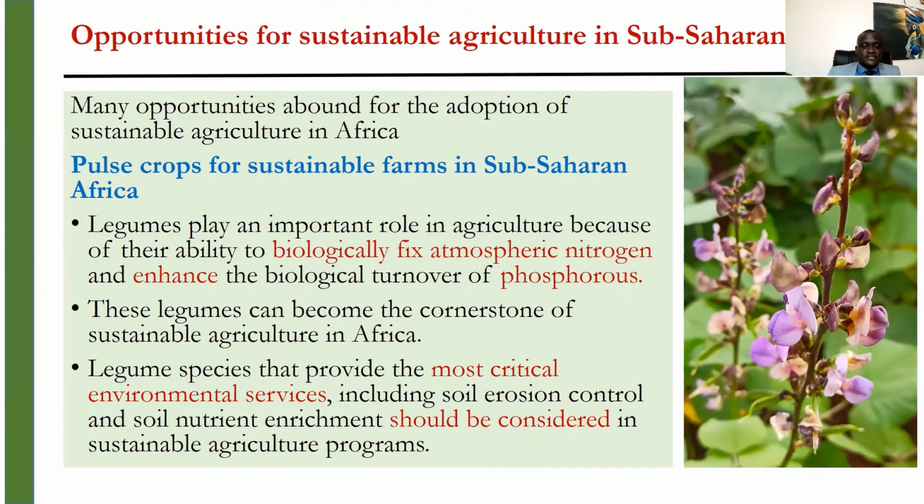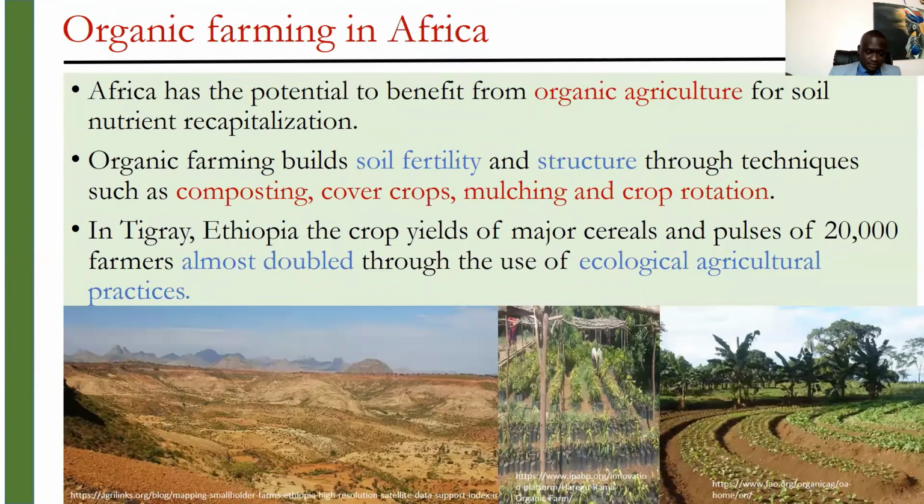And of course, legume species that provide the most critical environmental services, including soil erosion control and soil nutrient enrichment, should be considered in sustainable agriculture programs. The other one is organic farming in Africa, and Africa has the potential to benefit from organic agriculture for soil nutrient recapitalization.